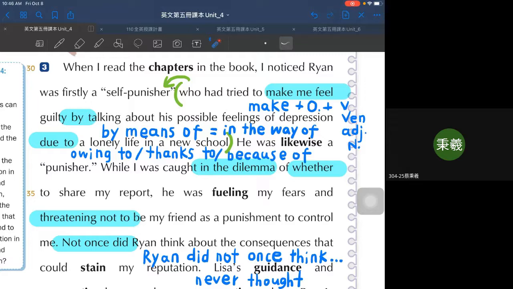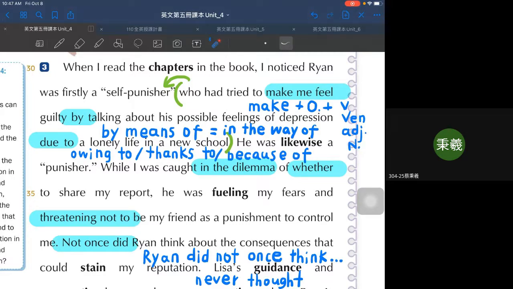In this case, a lonely life here probably will be something bad. So probably you can use words like owing to or because of. So by talking about his possible feelings of depression because of a lonely life in a new school, or owing to a lonely life in a new school.